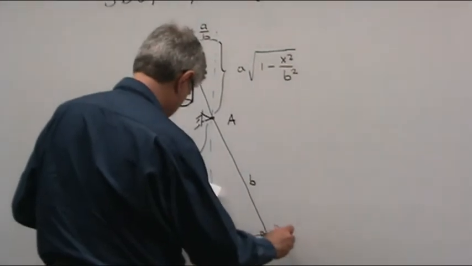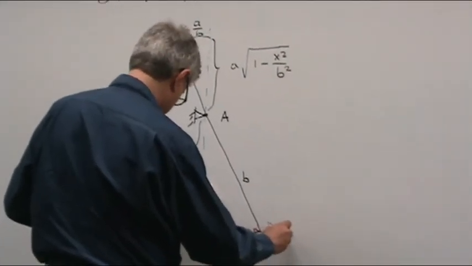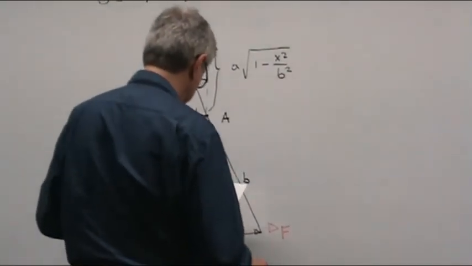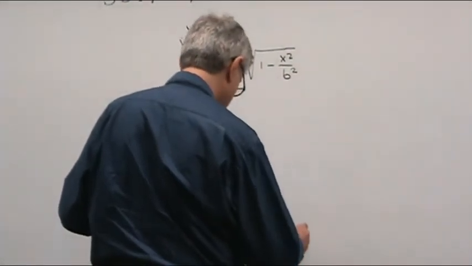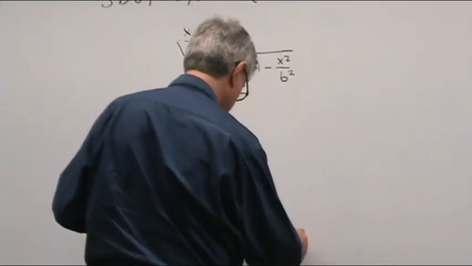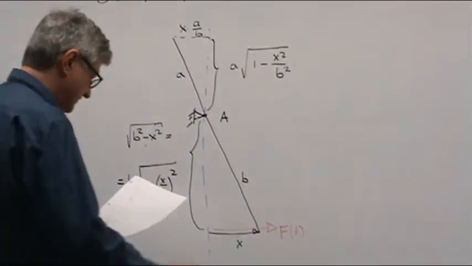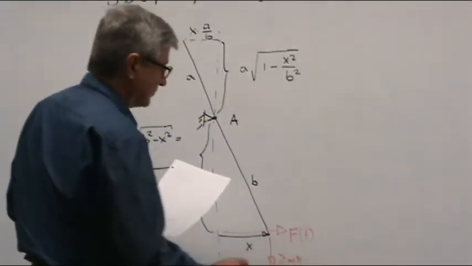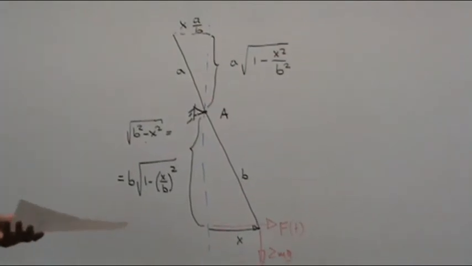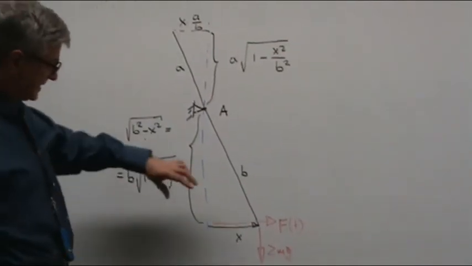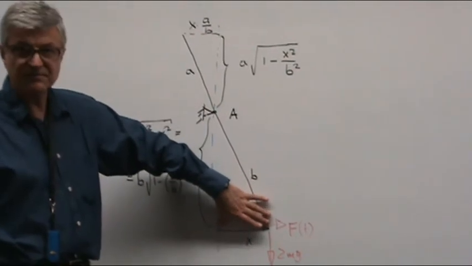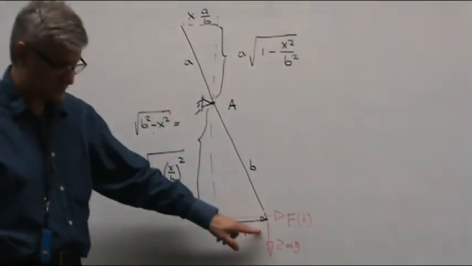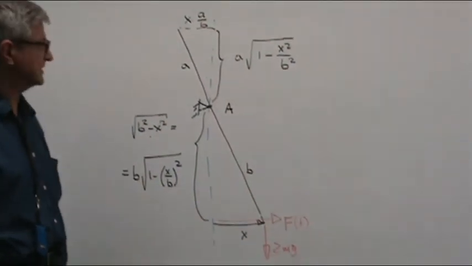It is here, F of t. You also have the weight, which is 2 times mg. Well, the weight is a static force. But as we said, we got to be careful, since this length of the arm changes with time. This is a time-varying moment, so it has to be considered.